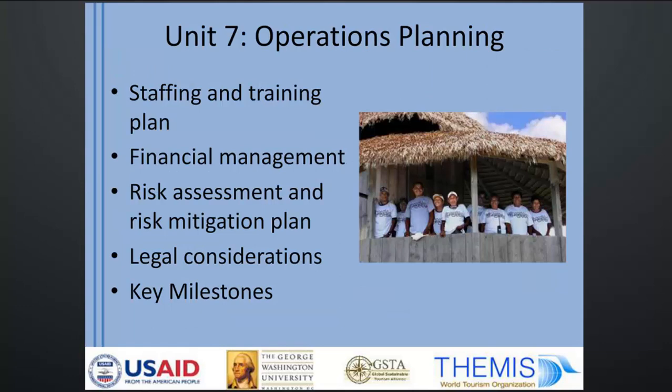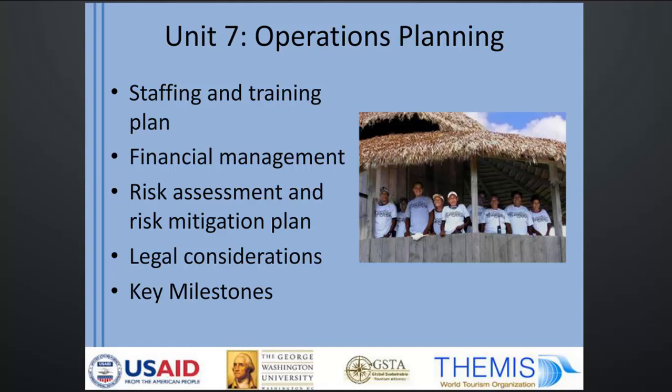Unit 7 looks at, again, the nuts and bolts of operational planning. This covers everything from what is our staffing strategy, who is needed within the enterprise to operate and to manage the products that we're proposing. What training do we need to consider and to plan for and to budget for based on those staff and their roles and responsibilities.